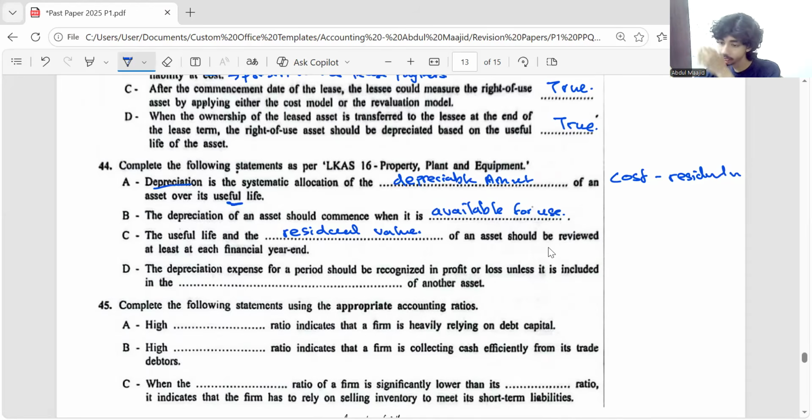D. The depreciation expense of a period should be recognized in the P and L. Normally, depreciation expense we have to record in the P and L as an expense, unless it is included in the carrying value of another asset. What does that mean?